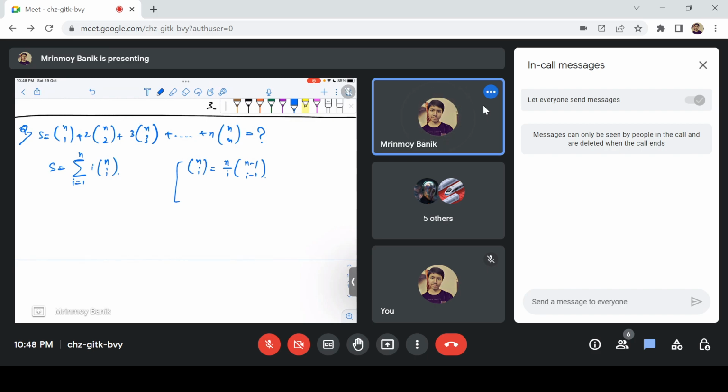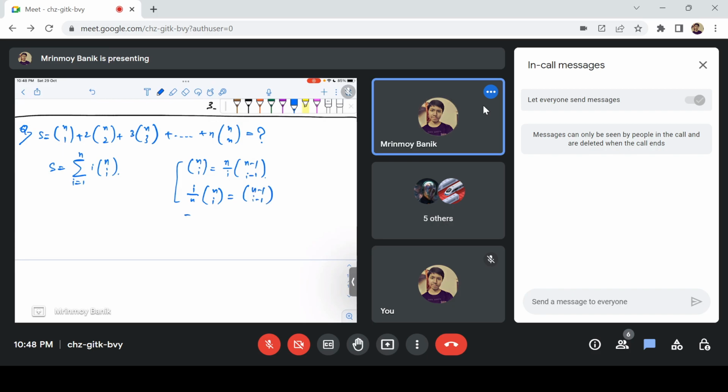Similarly, if you take the cross product, it's n minus 1 C i minus 1 equals i by n times nCi.